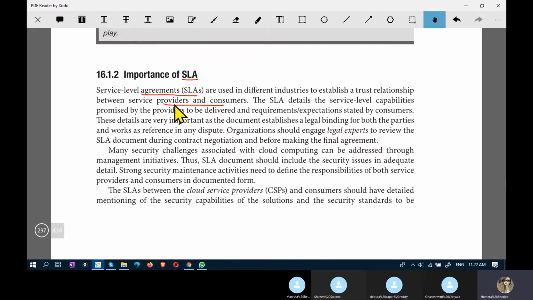That is an agreement that establishes a trust relationship, because the provider trusts that the consumer will pay and the consumer trusts that the provider will actually implement all the statements that have been specified.